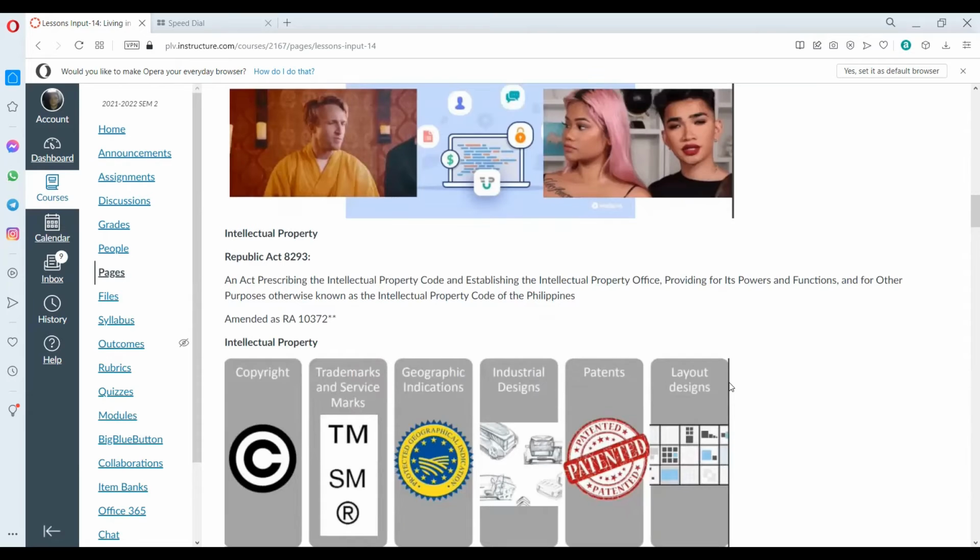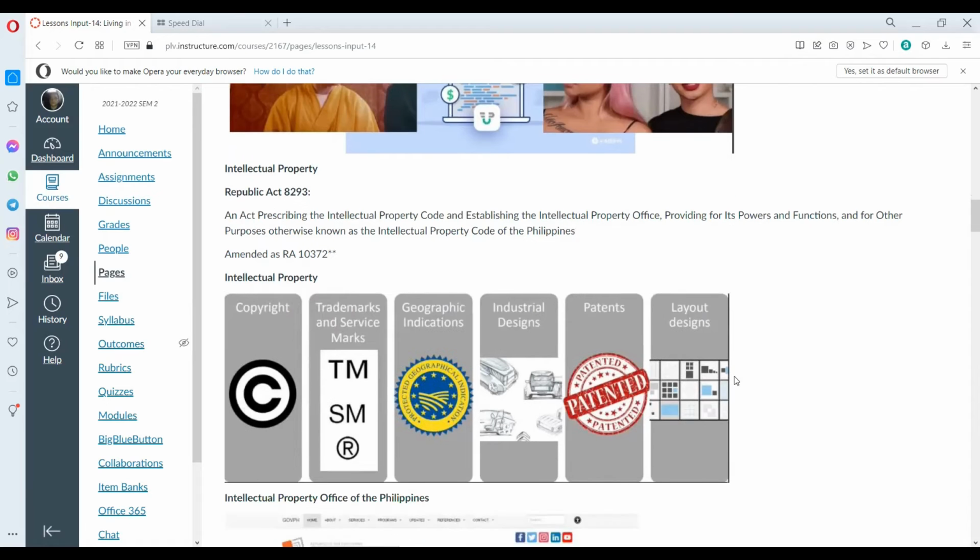Intellectual property. Republic Act 8293. It is an act prescribing the Intellectual Property Code and establishing the Intellectual Property Office, providing for its powers and functions and for other purposes, otherwise known as the Intellectual Property Code of the Philippines.